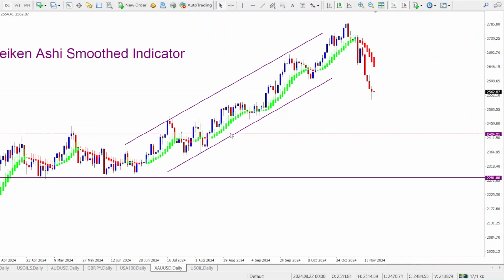So there is every tendency that after the consolidation, we could have a bearish reversal, right? And on the other hand, we could still have a bullish breakout. Now, because you are not sure where the direction of the trend is eventually going to continue, you have to be cautious, okay?